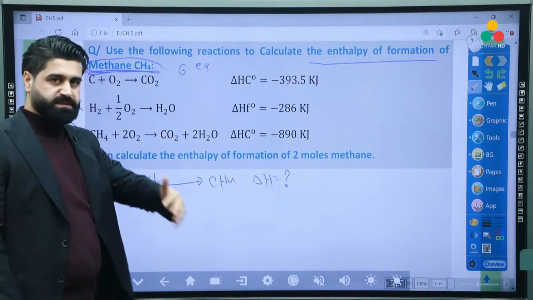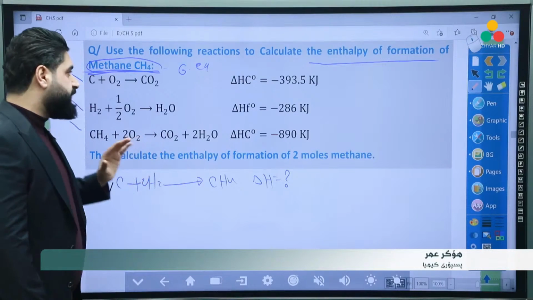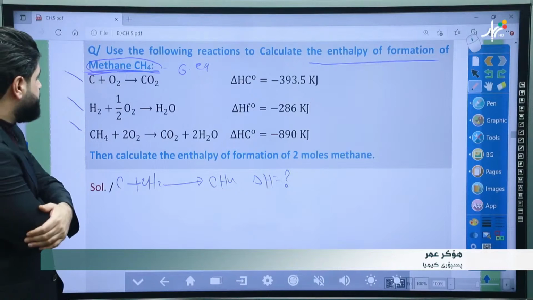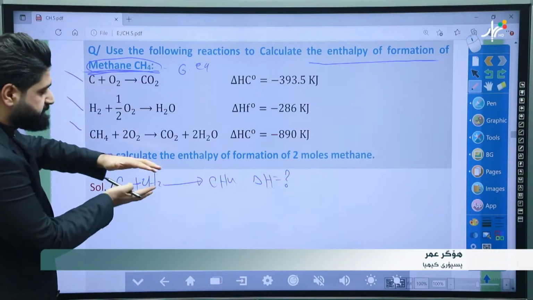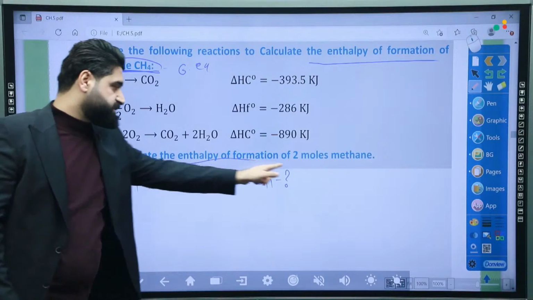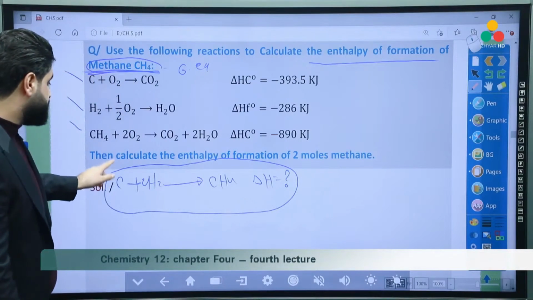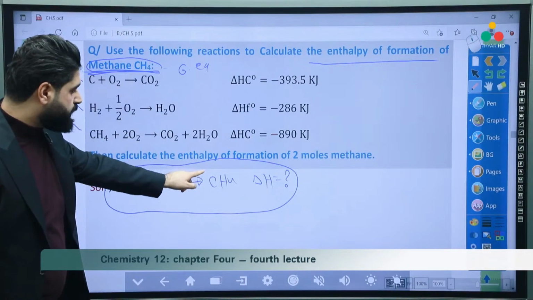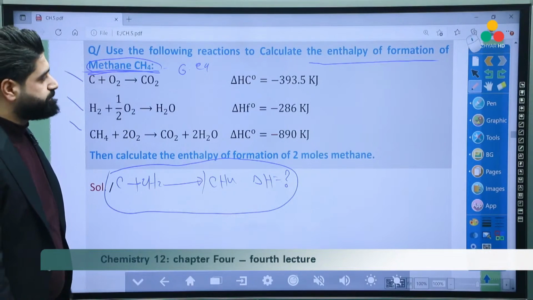It means reverse, then multiply. Anyway, we have to arrange those reactions in such a way that if we add them together, they must end with this reaction with the right coefficients: 1 carbon, 2 hydrogens, and 1 methane as a product.